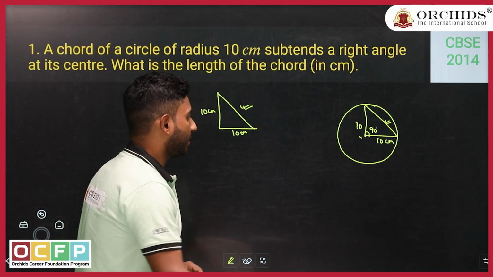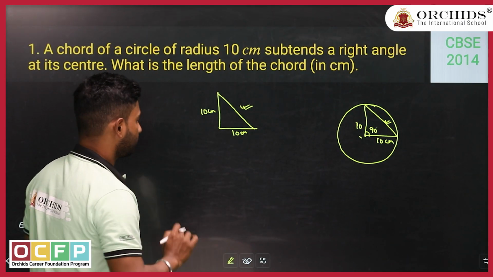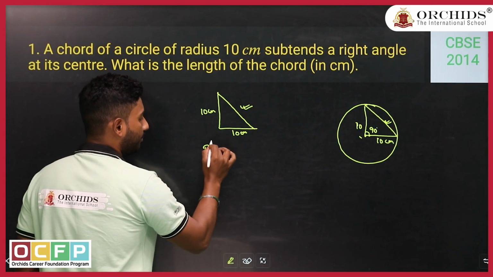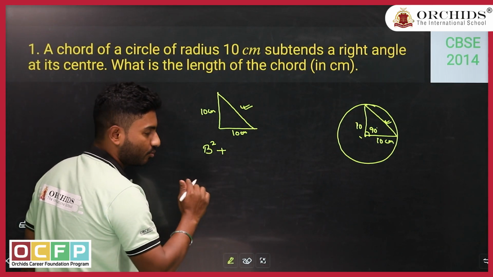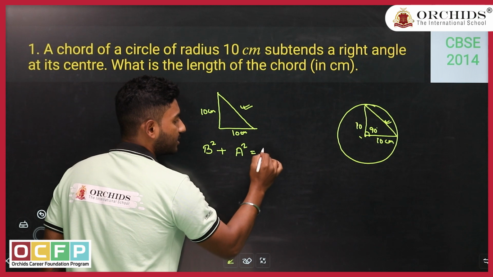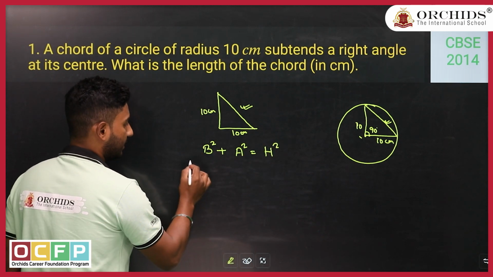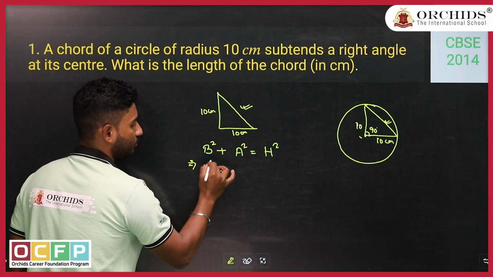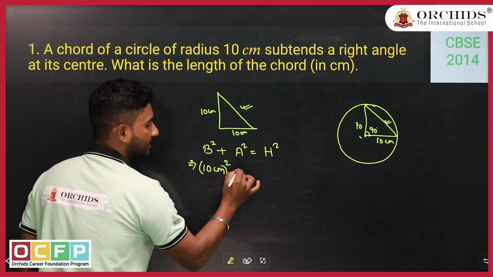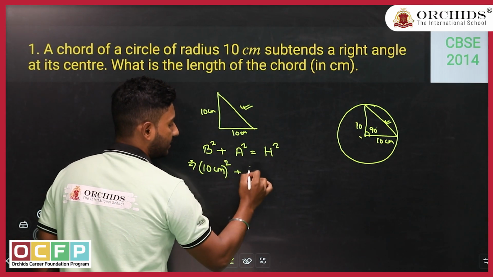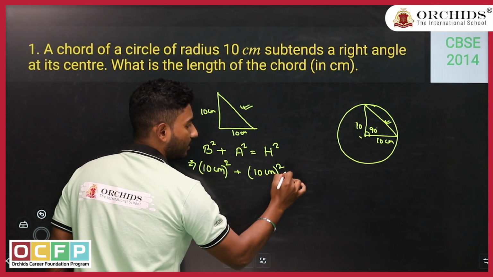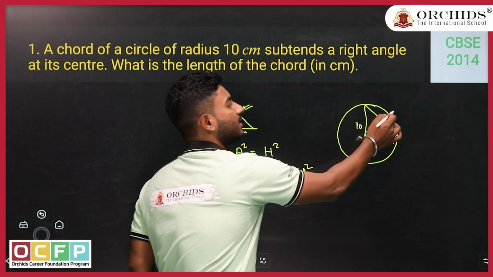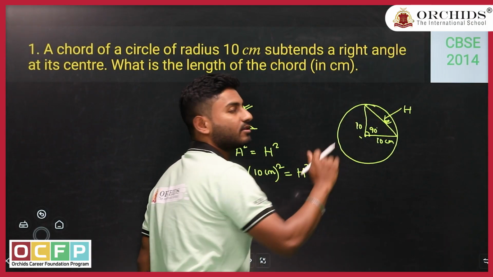Pythagoras theorem says base square plus altitude square equals hypotenuse square. In this case, B is 10 centimeter, so its square, plus A square, that is 10 centimeter again. What is H square? We need to find out. In this case, H is nothing but the length of the chord.